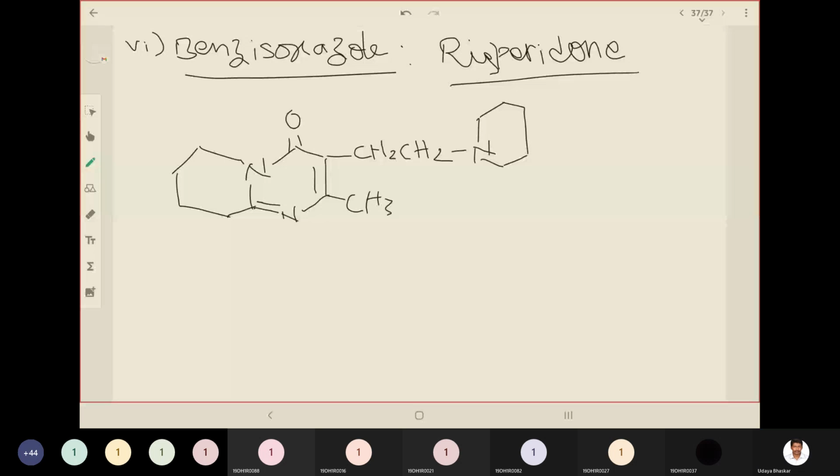Okay, fine. So this is benzisoxazole. Moving to the next category.